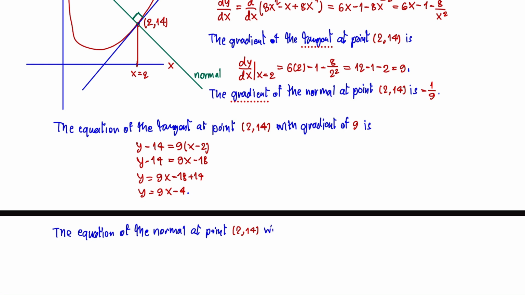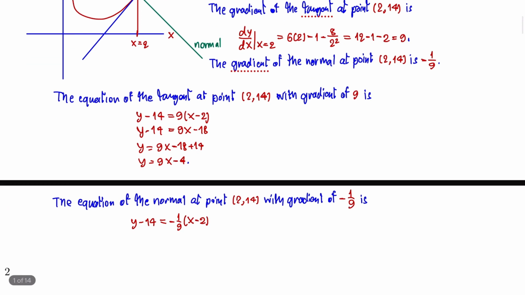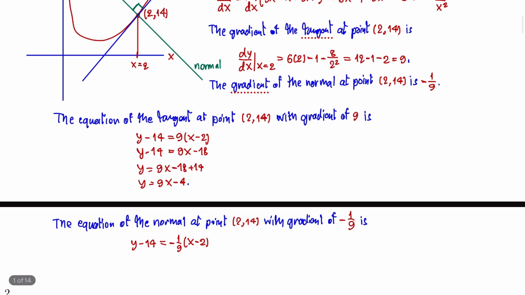So with gradient of minus 1 over 9, it turns out to be y minus 14, because it passes through the point 2, 14, equal to minus 1 over 9 times x minus 2.